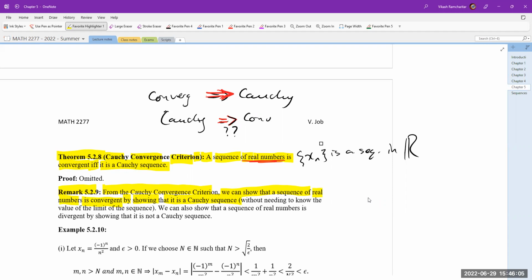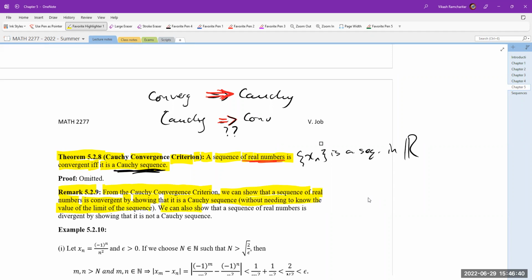Because in order to answer whether a general sequence converges, we need to have an idea beforehand what it converges to. But if I could show that my sequence is Cauchy, remember for a Cauchy sequence there's no mention of any limit. Okay, if I could show my sequence is Cauchy, then by this theorem it also converges, and I don't even need to know the limit. So without needing to know the value of the limit.